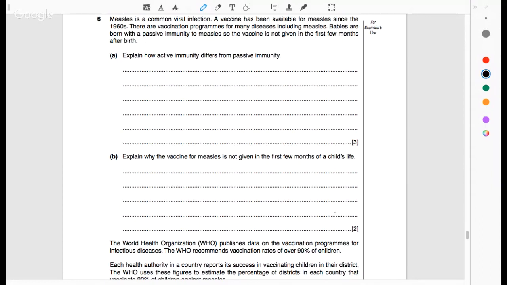Okay, so tell me a little more about the mechanism of active immunity. So, the antigen is recognized as a foreign molecule, and then a lymphocyte binds to it with a specific attachment region and triggers an immune response. Okay, what's that immune response? What does it actually do? Primary response.